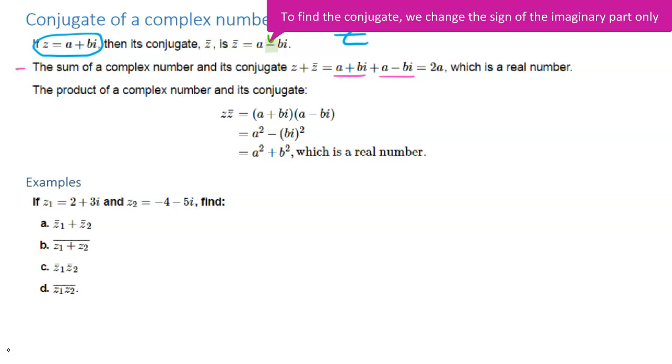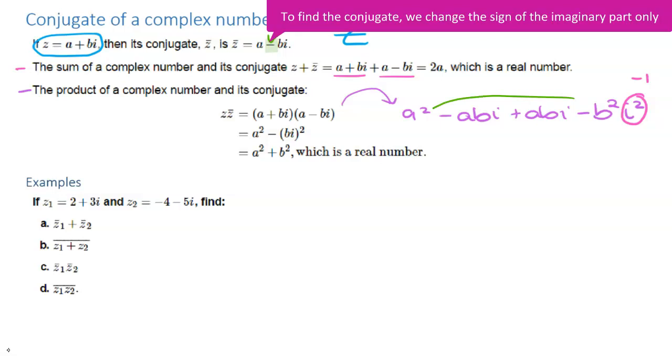Then we've got the product of a complex number and its conjugate. So z times z bar, I'm going to do an extra line of working out here. When we expand this out, we're going to get a squared minus abi plus abi minus b squared i squared. But remember, i squared is equal to -1.